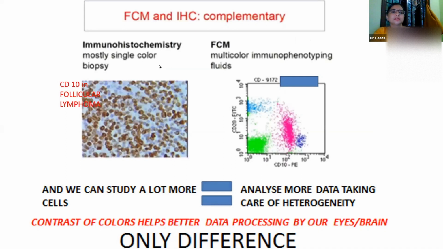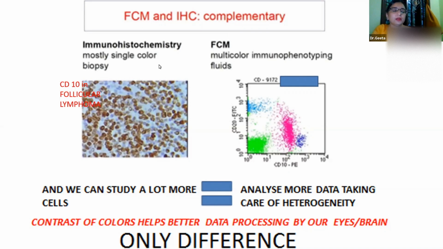So the most widely applied ancillary technique nowadays, especially in histopathology, is immunohistochemistry, which also works on a similar principle as flow cytometry, in which in both these cases we try to demonstrate an antigen and antibody reaction and try to identify the particular cell. So here you see that the histopathology slide has CD10 being put up, and this is a case of follicular lymphoma.